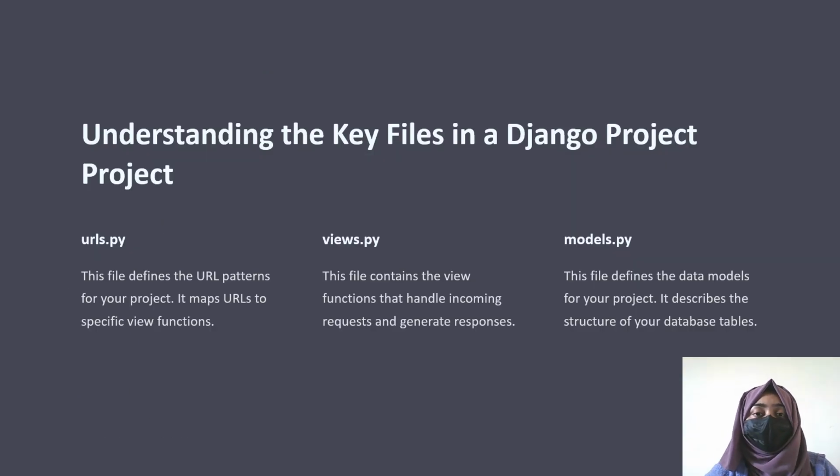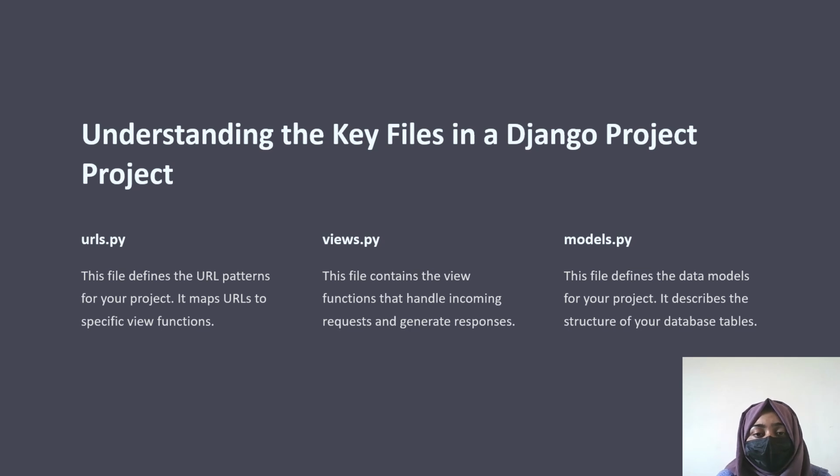Next is understanding the key files in a Django project. The main key files are urls.py, views.py, and models.py. Let's know something about them. The urls.py file defines the URL patterns of your project. It maps URLs to specific view functions.